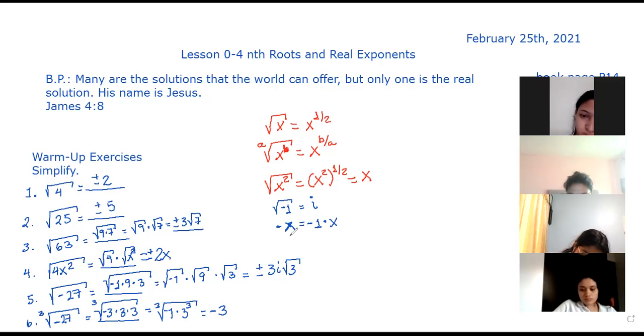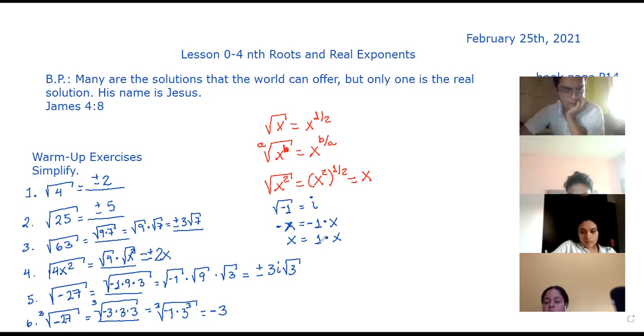Another factoring purpose is that if you only have x, that is like having 1 times x. This is known as invisible math because that 1 is there even though you don't see it. So you make it visible. Okie dokies. Did everyone copy this?